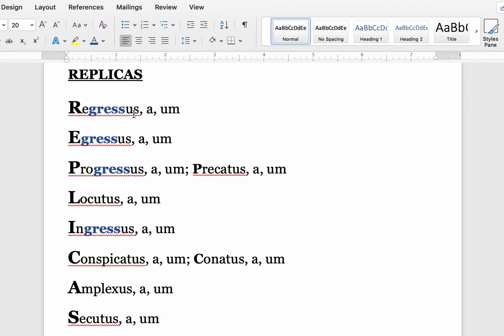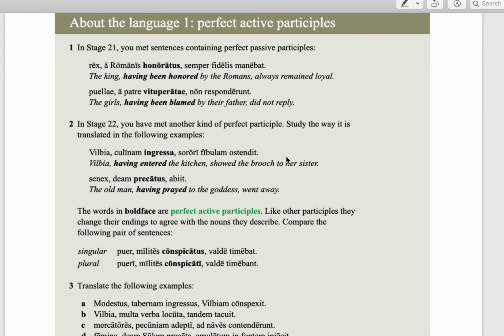So these are the vocabulary words that I want you to know, and we're going to call them perfect active participles. They all mean something like having blanked: having returned, having left, having advanced, having set out, having prayed to, having spoken, having entered, having caught sight of, having tried, having embraced, having followed. In your book, this is page 26, and it's basically what it says here.